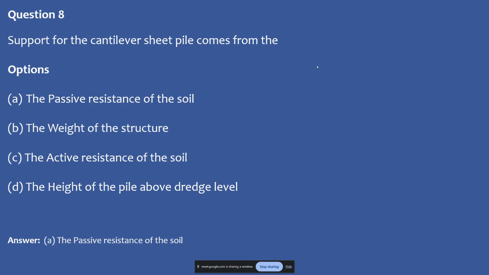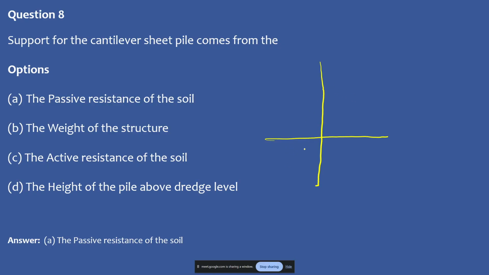So if we see the cross section of a sheet pile wall, it is usually embedded in this particular soil, and the sheet pile has been designed to resist the retained soil which is filled at the back.